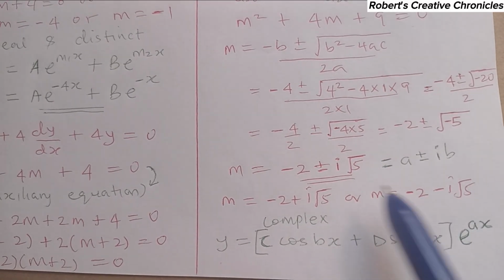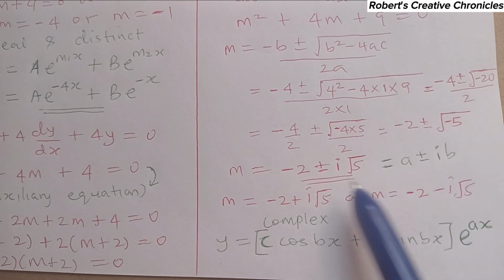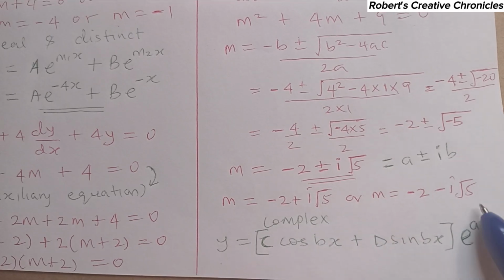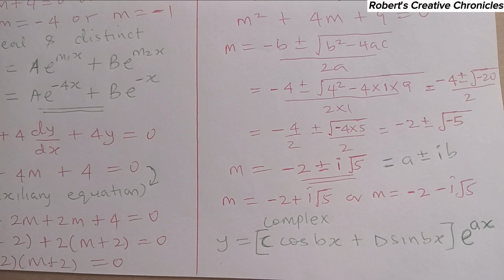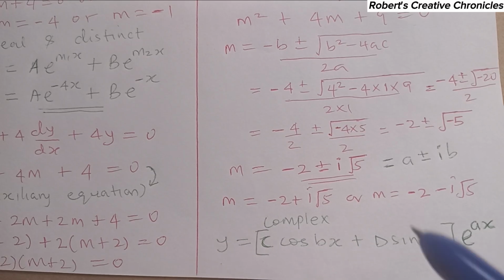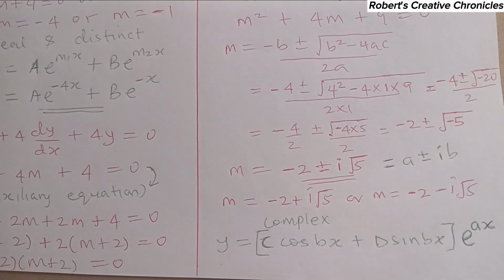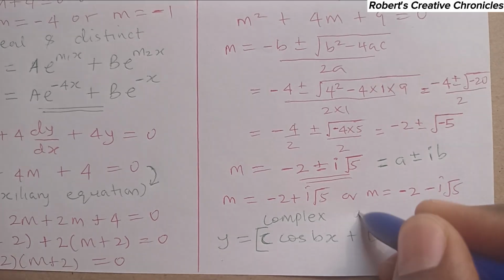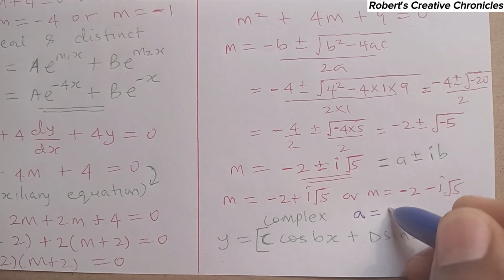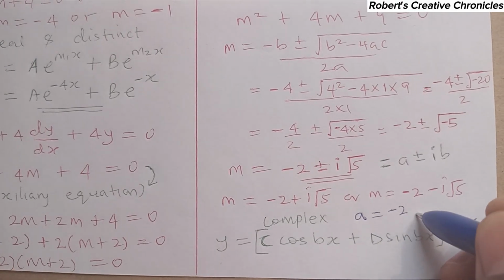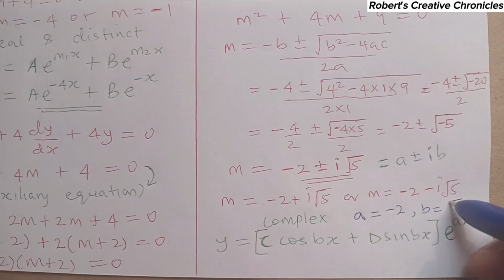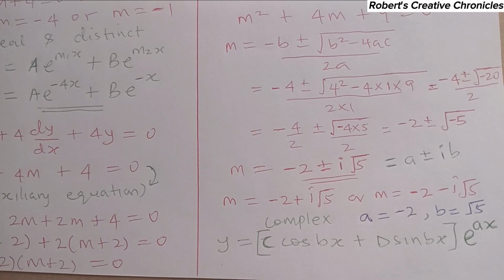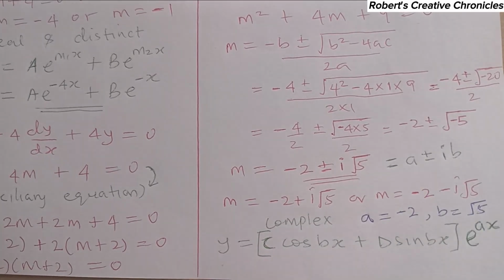Your a here is minus 2, and your b is root of 5. So your a is minus 2 and b is root of 5.